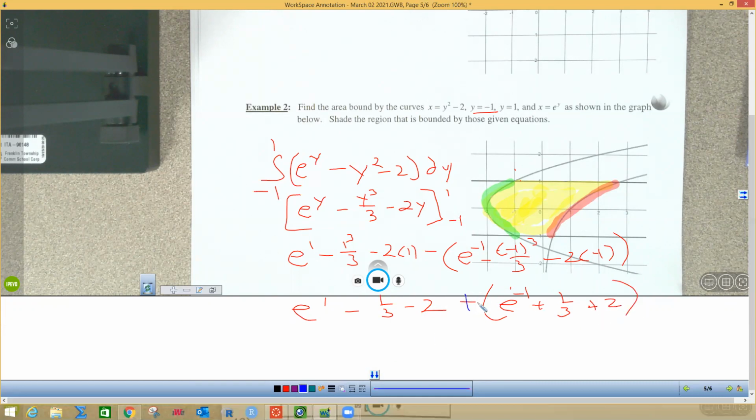So this becomes plus, this becomes minus, this becomes minus, this becomes minus. So I'm going to combine like terms. So I've got e to the first, and then I'm going to make this minus 1 over e to the first, because I'm making that negative into a positive. Negative a third and negative a third is negative 2/3, and minus 2 and minus 2 is negative 4.